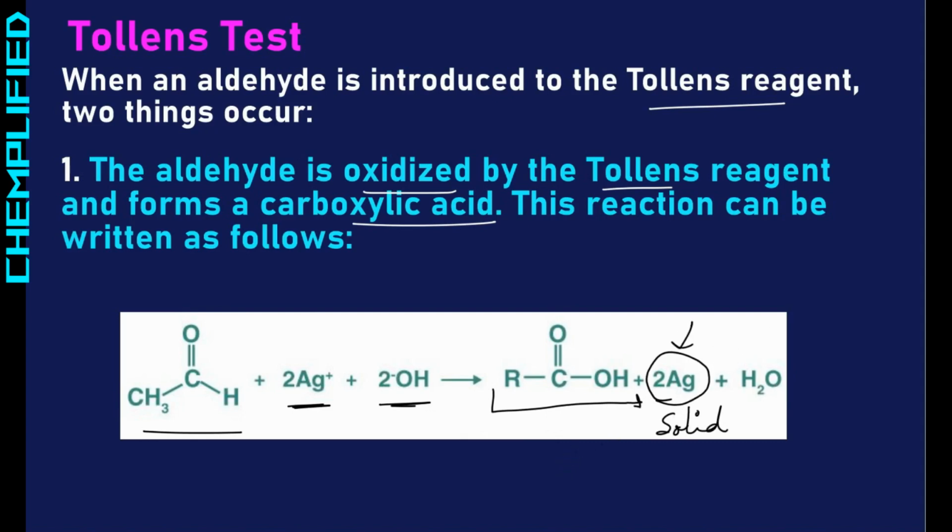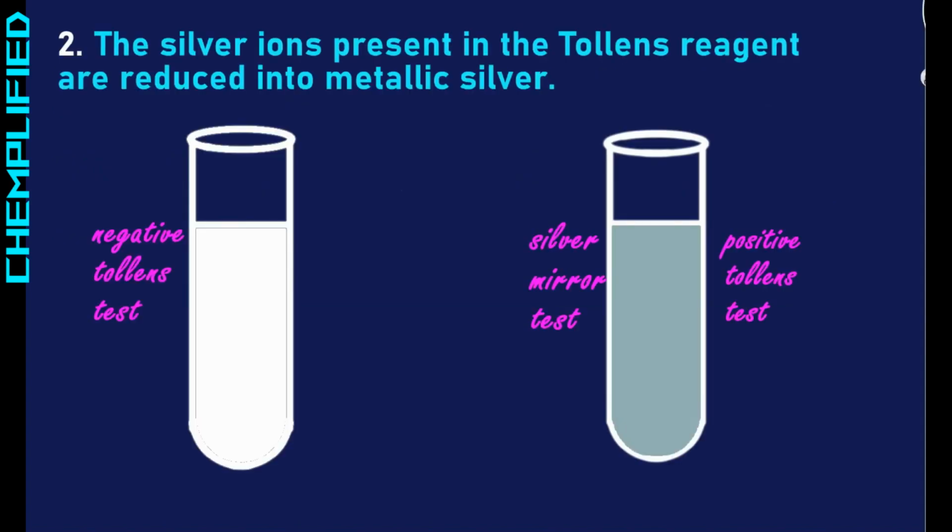Now what happens in the second step? The 2Ag produced in the reaction sticks itself to the walls of the container or the test tube that you are using. And what is Ag?